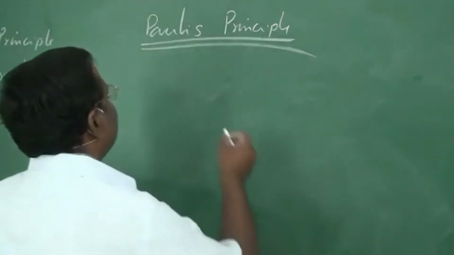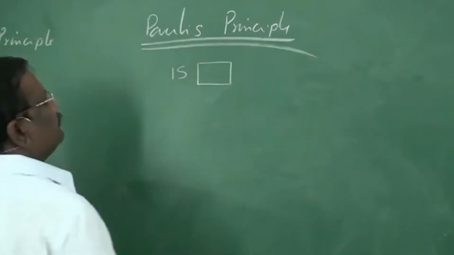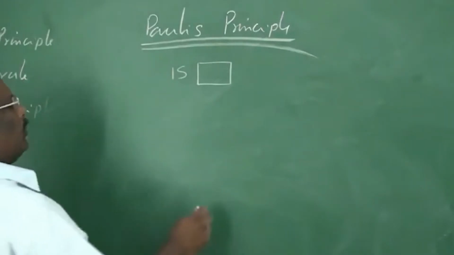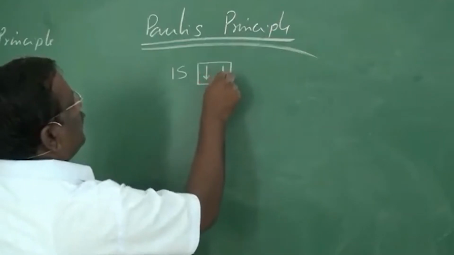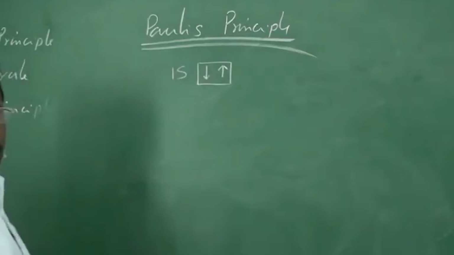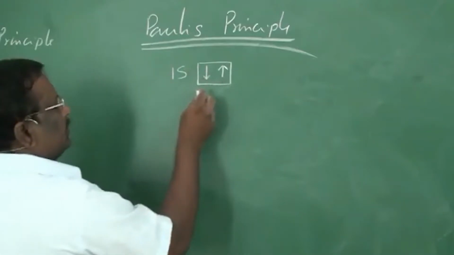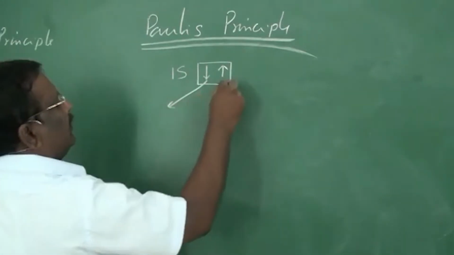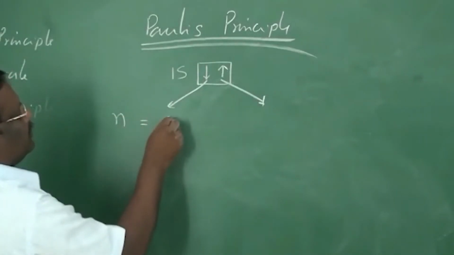This is the 1s orbital. In the 1s orbital, 2 electrons can possibly be filled. Now let us write all the possible values for these 2 electrons. For this electron, and for this electron. n value, n is equal to 1.